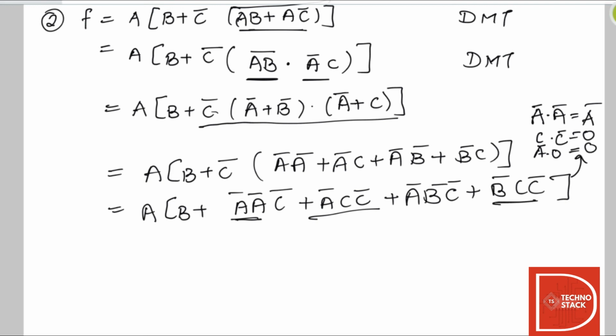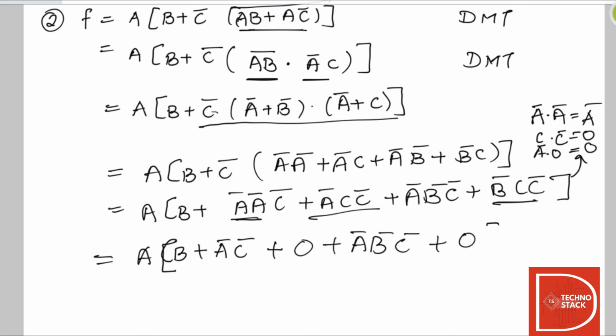Similar will be the case over here. So we get b + āc̄ + 0 + āb̄c̄ + 0.